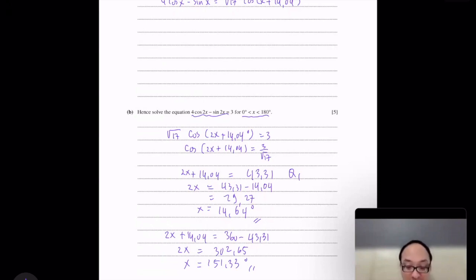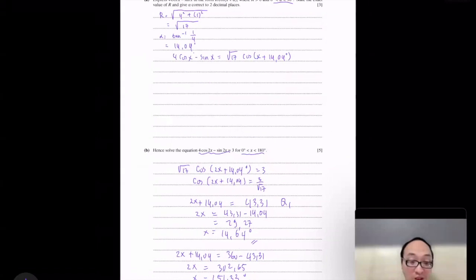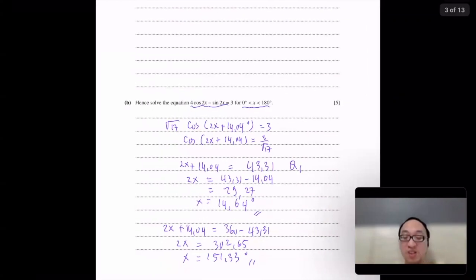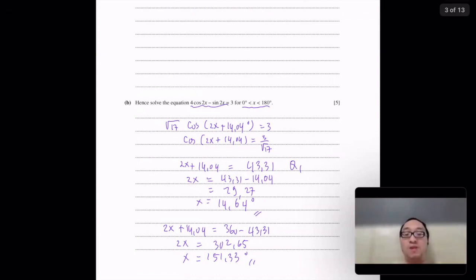So this is the answer for number 3B. There are two answers for this, because cos positive is in the first and the fourth quadrant. Therefore, we have to find the angle in each quadrant.